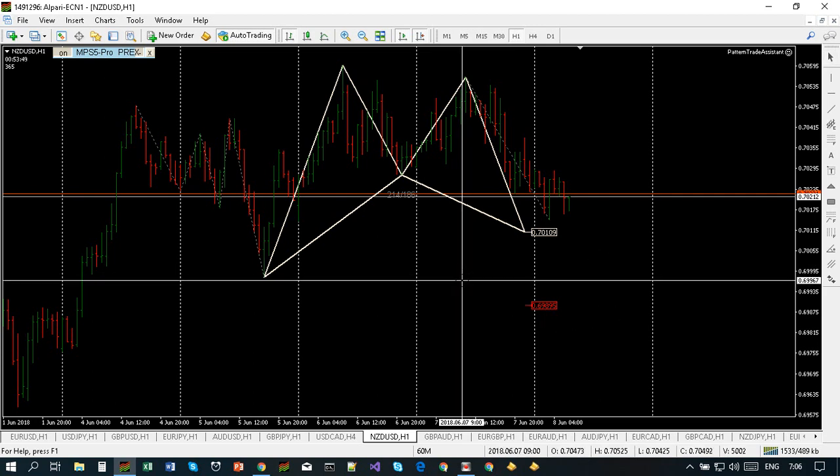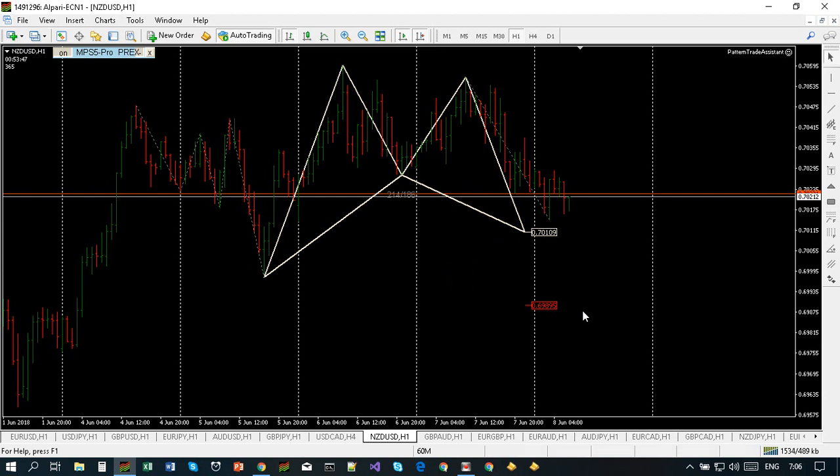After this level is broken, if it is broken vigorously, you can also enter short. So when the pattern fails and doesn't perform any reversal, it turns into a continuation pattern.